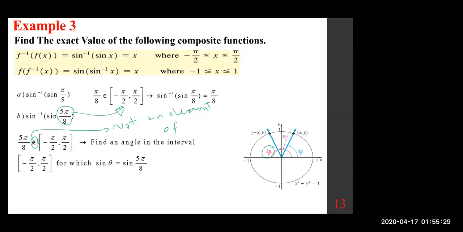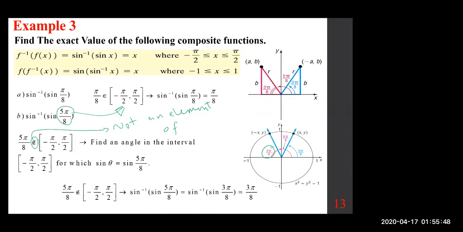And when I was discussing the reference arc, the trigonometric functions become the same as the trigonometric functions of the reference arc. You have to figure out positive or negative. In this case, it's positive. Okay, so it's the same as 3 pi over 8. The answer is 3 pi over 8.